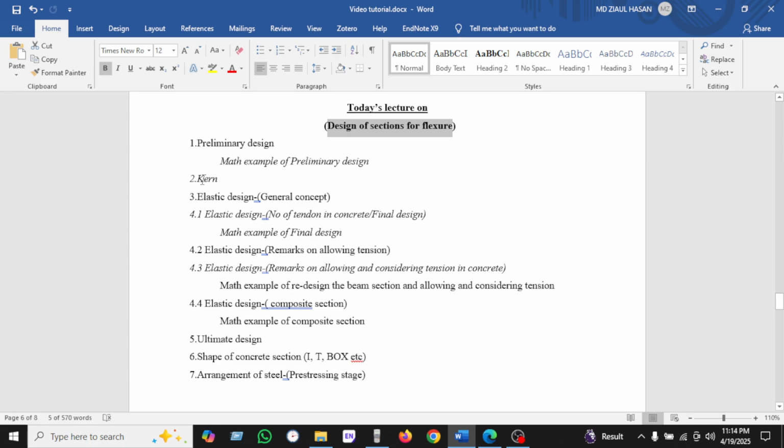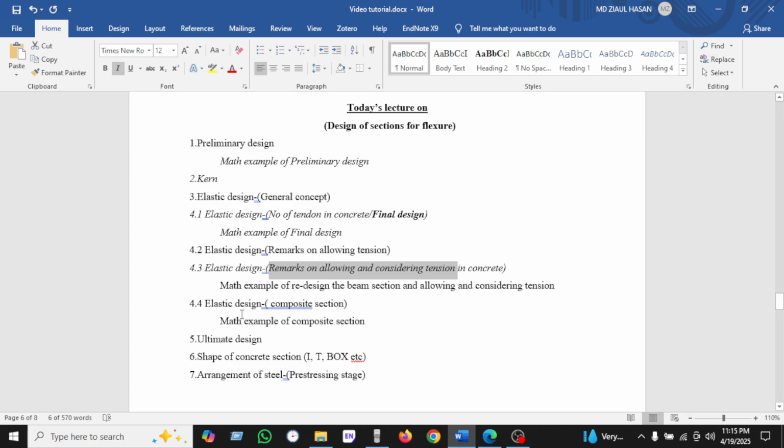Then the elastic design for general concept, and fourth, elastic design, number of tendons in concrete, or final design, and the math example of final design, and then elastic design remarks on allowing tension, and elastic design remarks on allowing and considering tension in concrete.